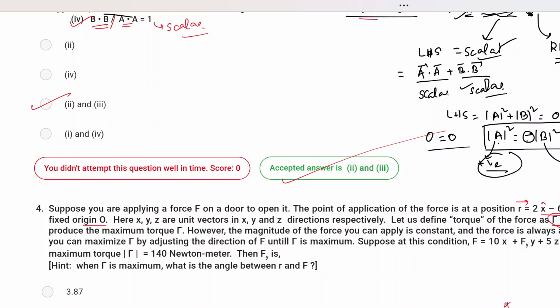Let's say this is our point P. Point P is defined by its position vector r vector with respect to the origin, and point P is also a special point because this is the application point for the force F vector. So whenever you have such a torque idea, you already know that there is a force being applied with reference to a certain position, and your torque is basically the cross product of the position vector and force vector. With this expression known, you also have to know the fundamental idea of the cross product.